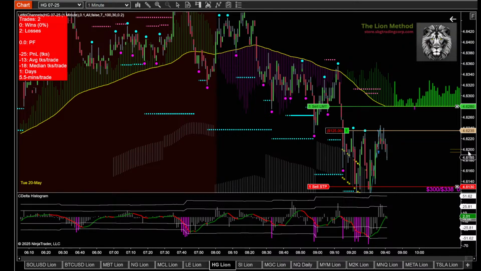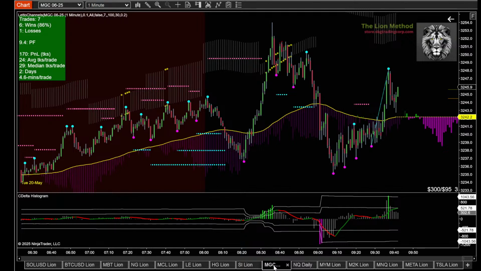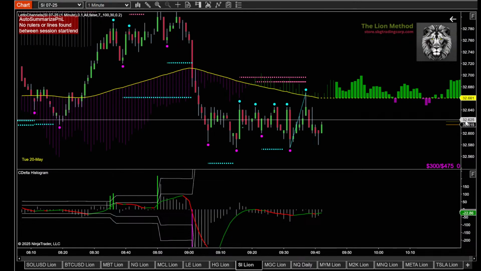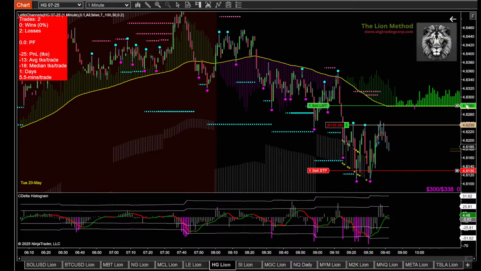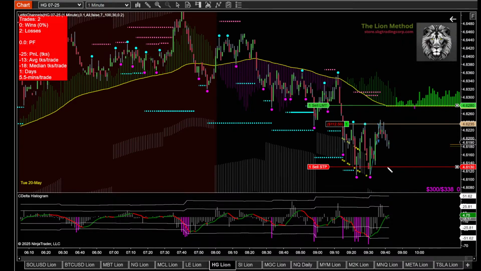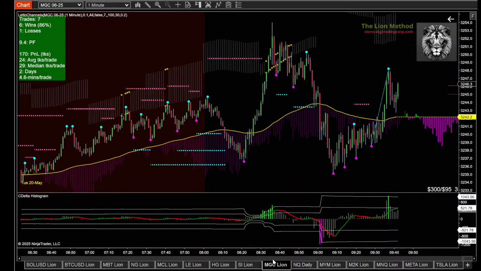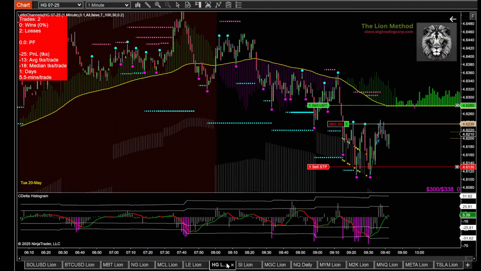Gold is rallying a little bit, maybe. Silver, silver's tired. Well, we're risking less than 300. 262 to risk. Maybe copper can still find the gas pedal here.